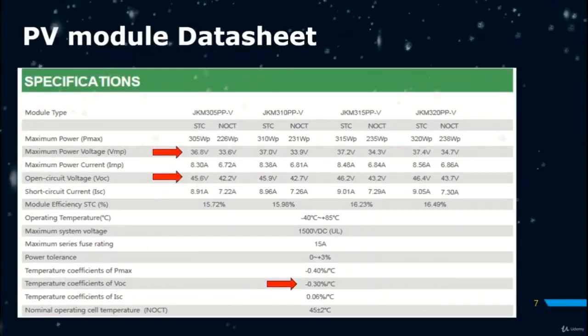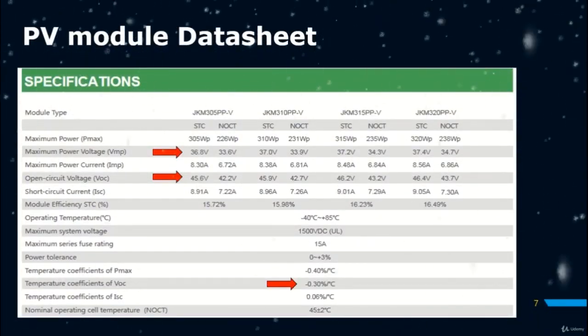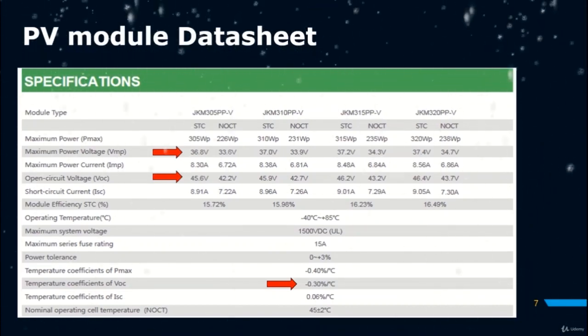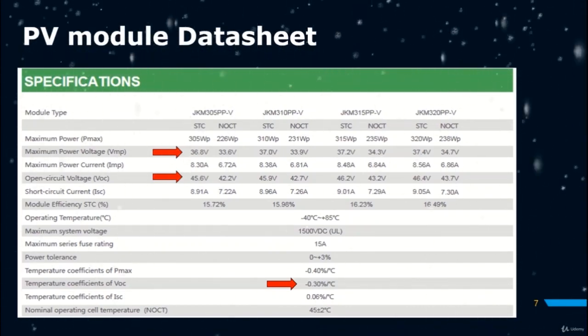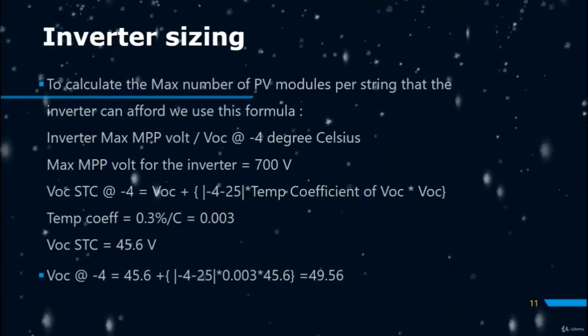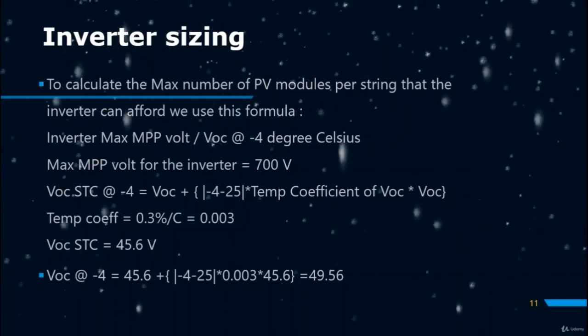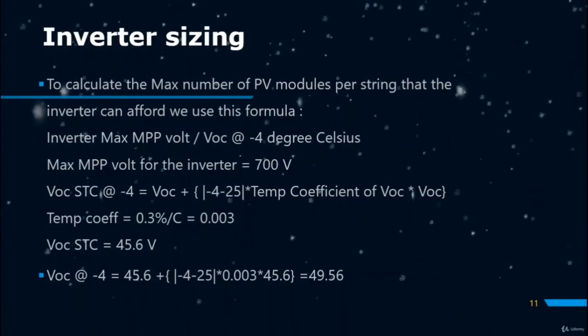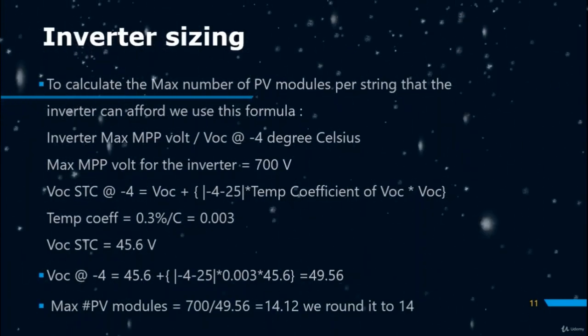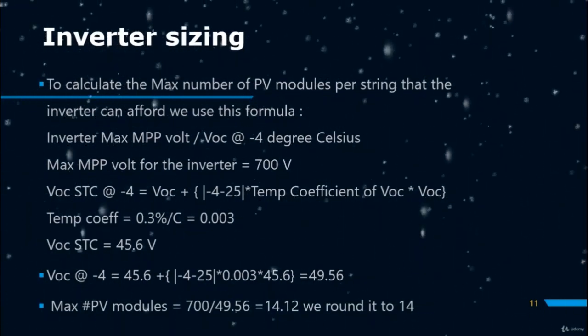Back to the PV datasheet, we will see the temperature coefficient 0.3% and the open circuit voltage 5.6. So the V open circuit at -4 degrees Celsius equals 49.56 volt. And the maximum number of PV modules equals 700 over 49.56.